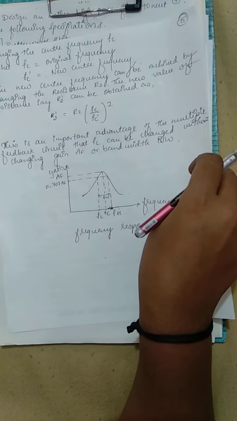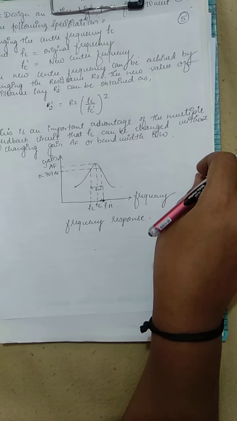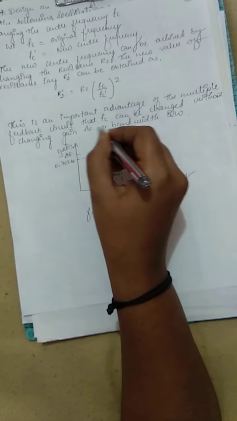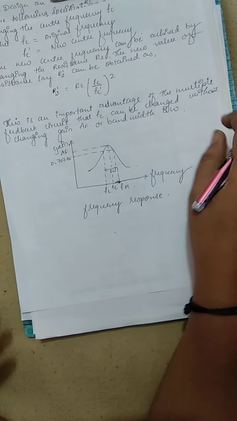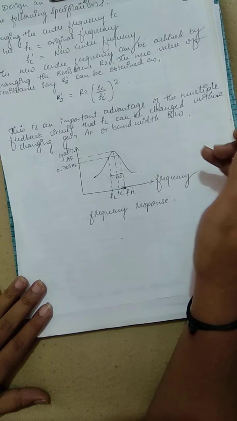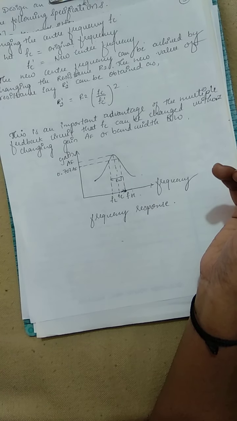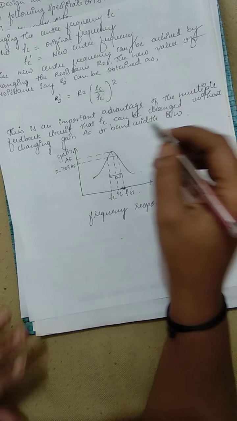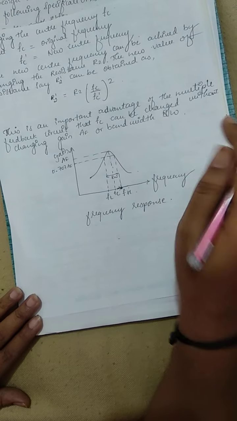This is an important advantage of the multiple feedback circuit: FC can be changed without changing the gain or the bandwidth. So without changing the gain or bandwidth, we get the new center frequency FC dash.